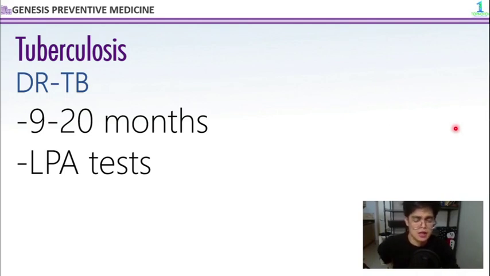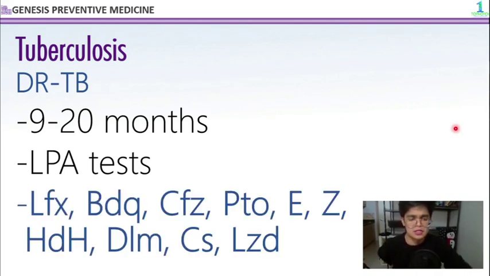LPA tests are done, line probe assay, and the drugs involved are as follows: levofloxacin, bedaquiline, clofazimine, prothionamide, ethambutol again, pyrazinamide again, yung Z, high-dose isoniazid, so that's HDH, it's still isoniazid, delamanid, cycloserine, and linezolid. So notice how there is no rifampicin anymore.